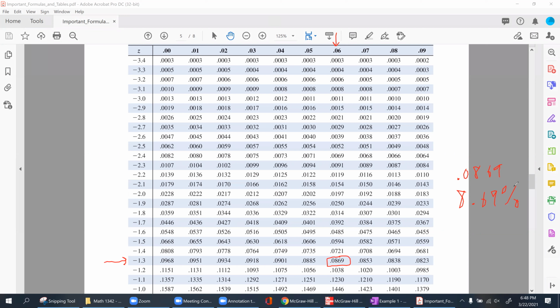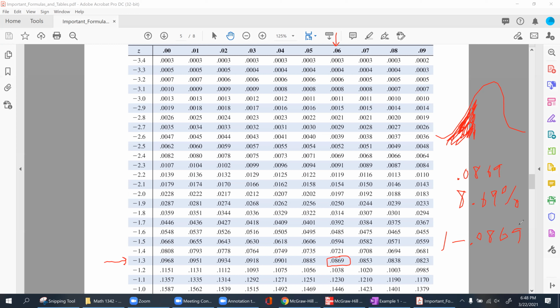Whenever you're reading these tables, regardless of where you are in the table, it's always going to give you everything less than that. You need to be careful if you're asked to find something greater than something. You will still locate that z value, but you're going to do 1 minus the probability that you found.